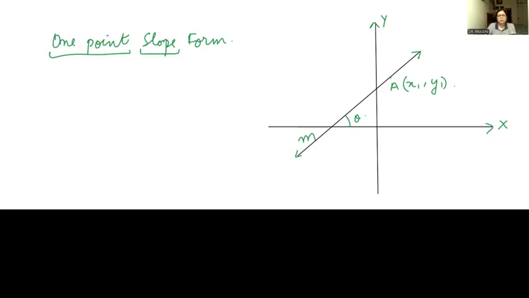In such a format, where one point and the slope are given, the equation of the line is y minus y1 is equal to m times x minus x1. That means slope is given to us.